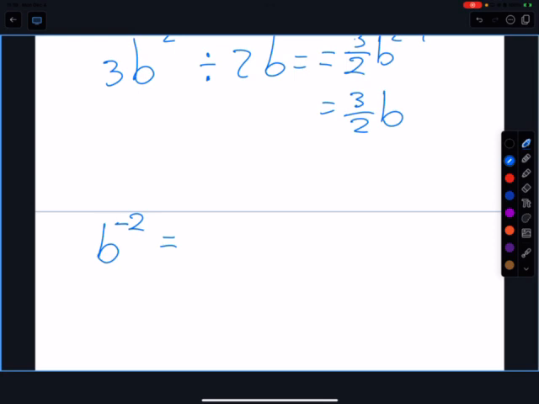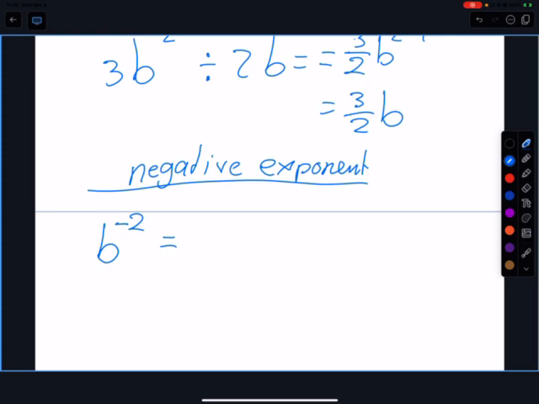Negative exponents. You have to rewrite b to the power of minus 2 in a different way. It becomes 1 divided by b squared.